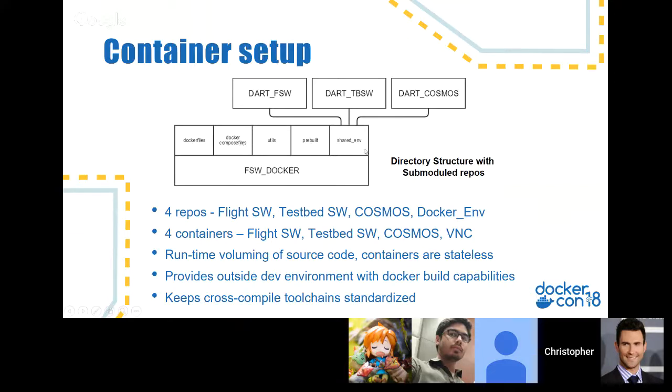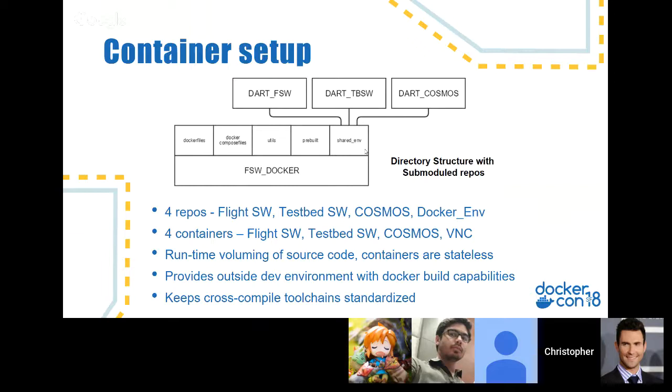We actually have it so that if you wanted to build it in the legacy way on a computer that is set up with the right toolchains, you could just download that repo and build it. That kind of decouples Docker from the actual applications themselves, but we use this on our team exclusively with Docker because it gives us so much more.